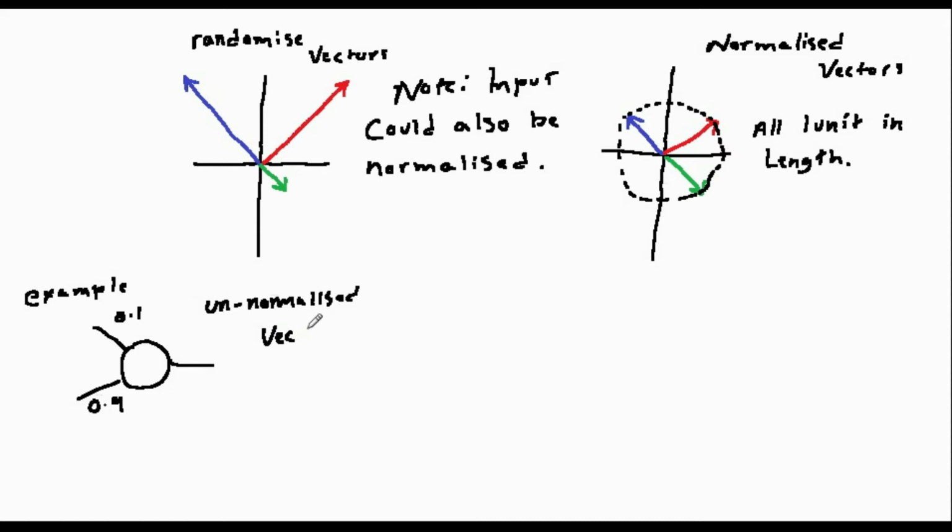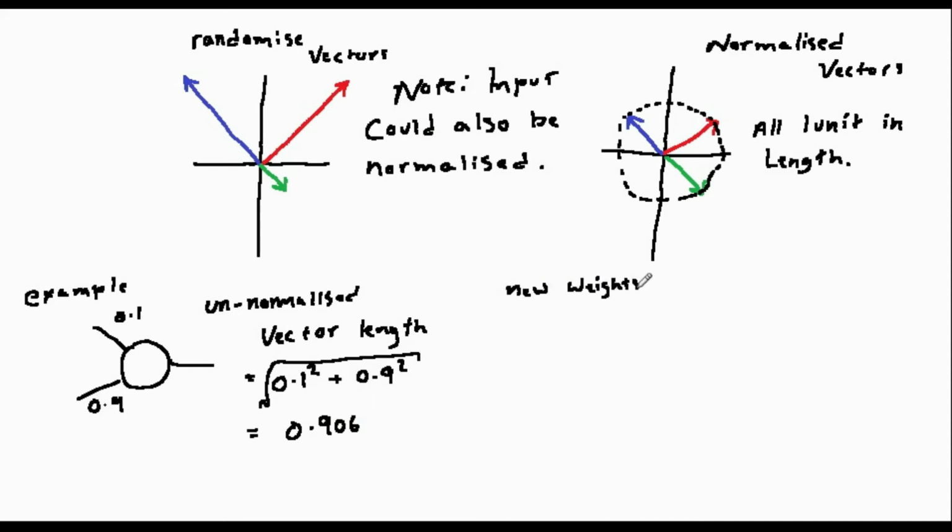Now these two weights make a vector of length or magnitude of 0.1 squared plus 0.9 squared all square rooted, or 0.906. We could normalize this to have a length of 1 by dividing both components by this length.